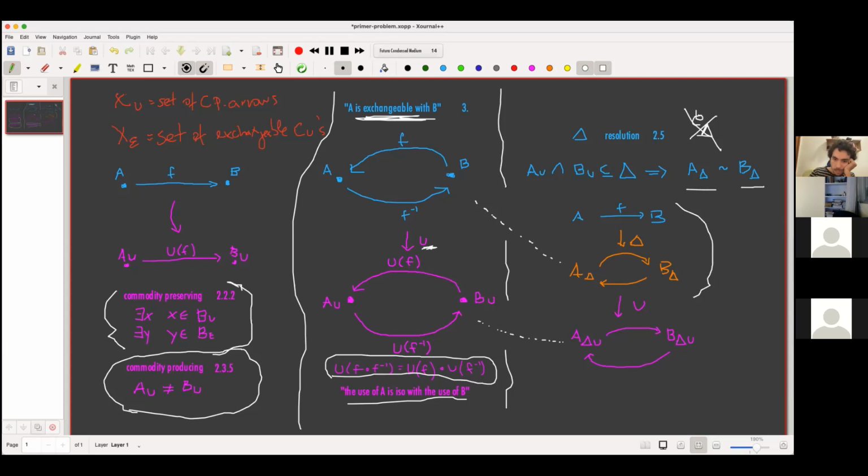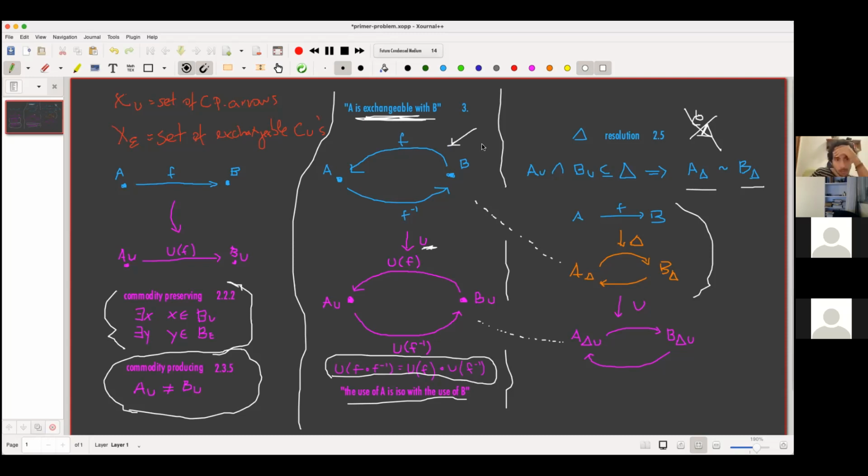So we have a mechanism to make things isomorphic in uses, and we added this isomorphism with exchanges, right?